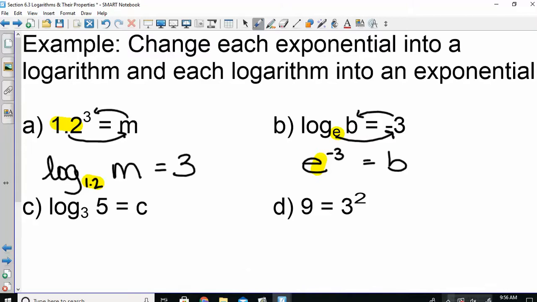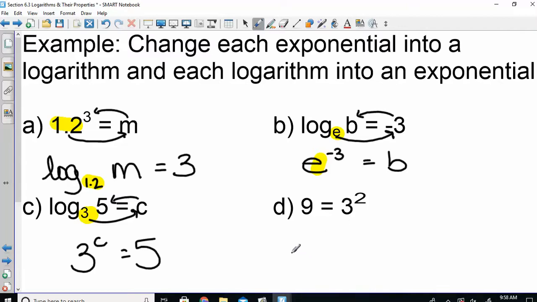You guys take a second and do C and D. We start with the base. So this would be 3 to the C power equals 5.